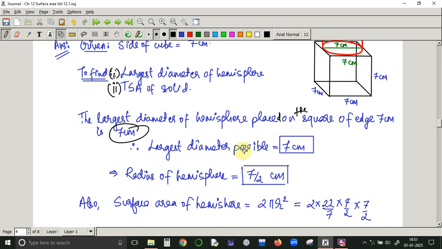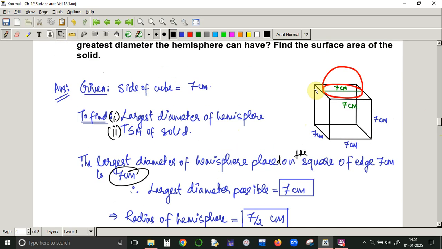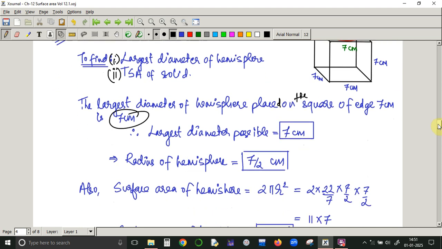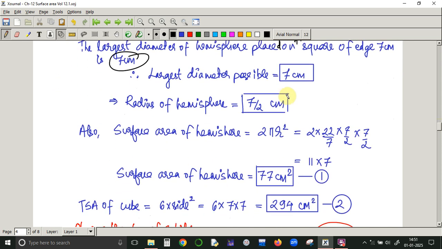The largest diameter possible is the edge of the cube itself, because we cannot put a hemisphere which is going out of this cube. So the largest is touching the edges of the cube. I guess this is clear.